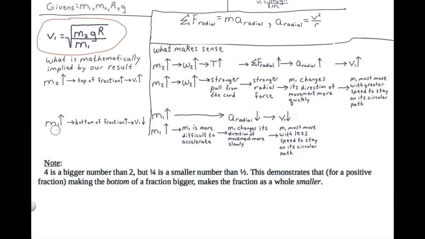So, increasing m1 on the bottom of the fraction will decrease v1. So, our result mathematically implies that increasing m2 will make v1 get bigger, while increasing m1 will make v1 get smaller. Do these implications make sense?